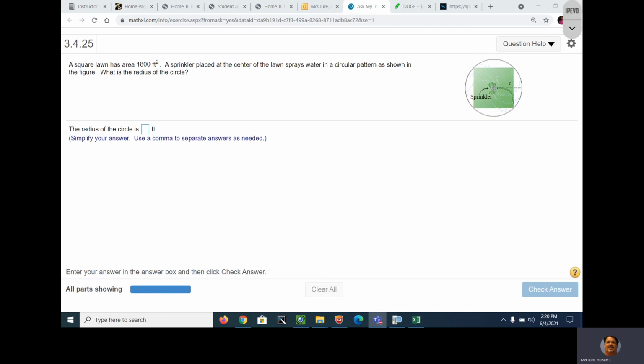The radius is the same no matter what. So you just have to figure out what that R is right there.